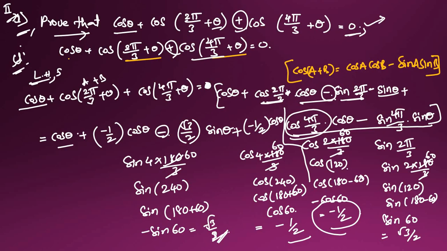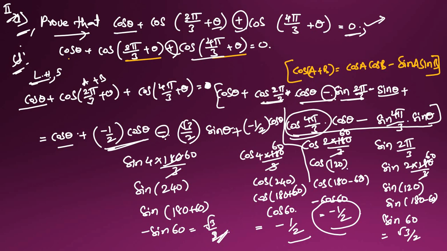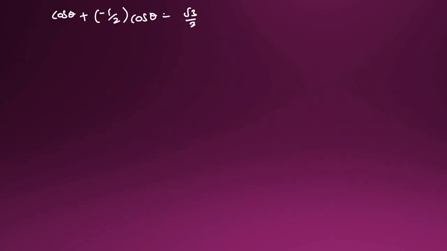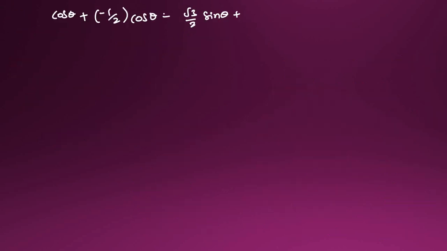This is cos theta, so we will write only cos theta, and again what we have there, plus minus 1 by 2 cos theta, this one I am writing here. And again here minus will be there, minus root 3 by 2 into sin theta. Minus 1 by 2 cos theta will come here.